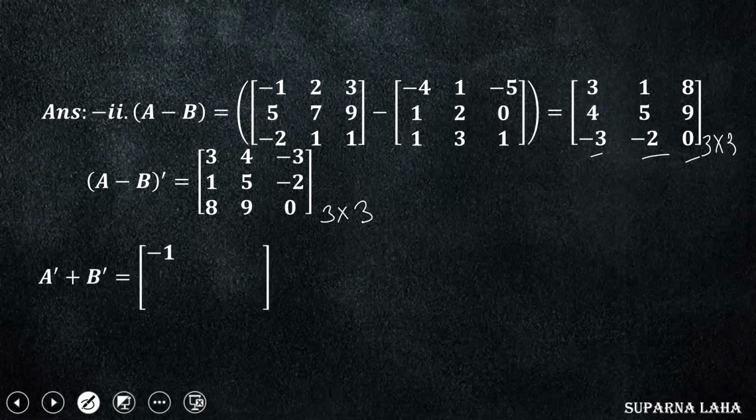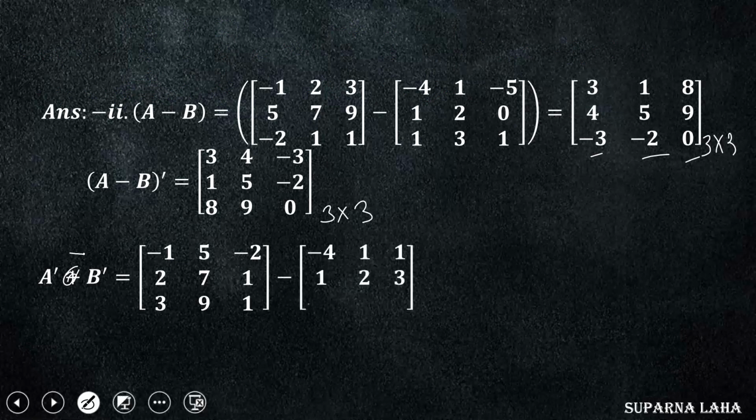That will be: A transpose is -1, 5, -2, 2, 7, 1, 3, 9, 1, minus B transpose, which is -4, 1, 1, 1, 2, 3, -5, 0, 1. Subtract their corresponding elements.